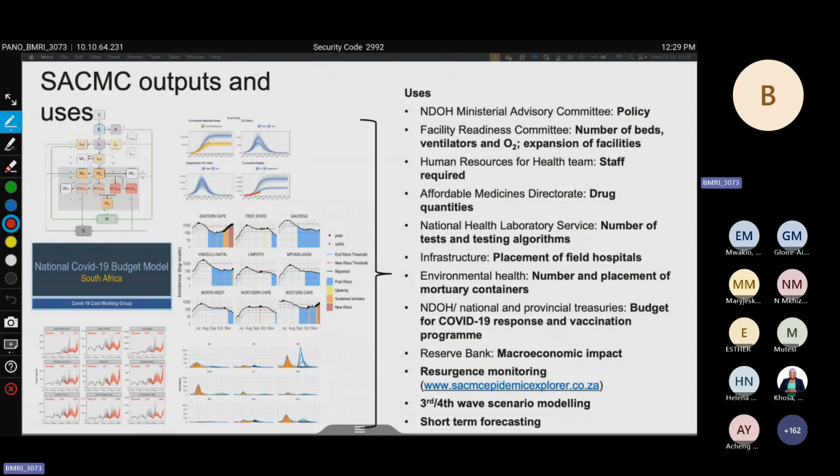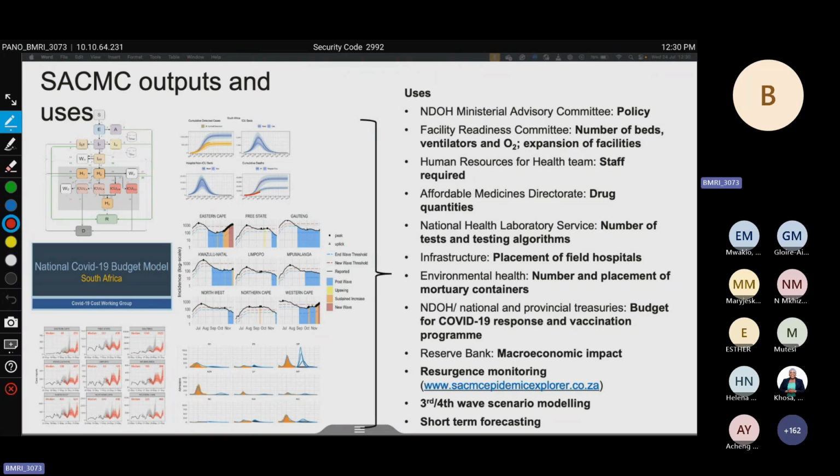So we were part of, along with Tulio, I think we're still part of Tulio, the MAC, the Ministerial Advisory Committee for COVID-19. We supported facility readiness, so those who were working on the number of beds, ventilators, oxygen availability at hospitals, the Affordable Medicines Directorate planning drug quantities throughout the hospital, the supporting testing algorithms, and then budgeting. And remember that everything we did got translated into costing.